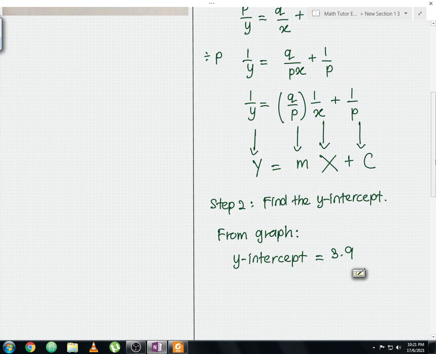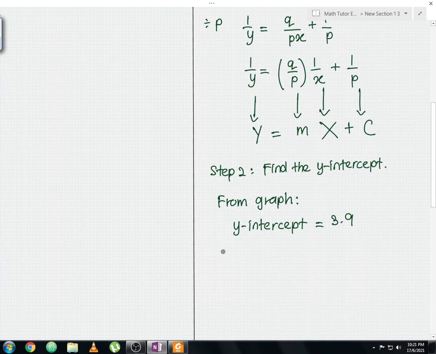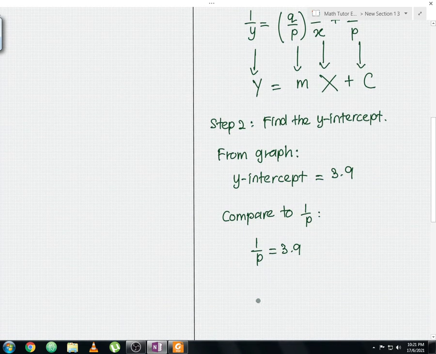So 1 over p is equal to 3.9, and from here you should get your p in an estimation of 0.26. So this is your first solution. Let me underline this.